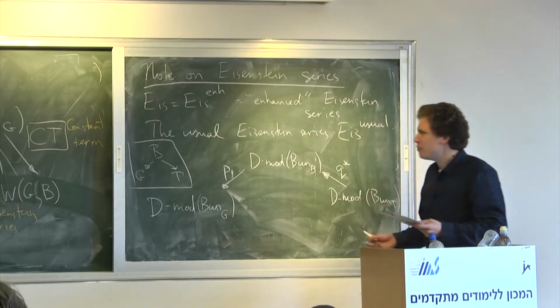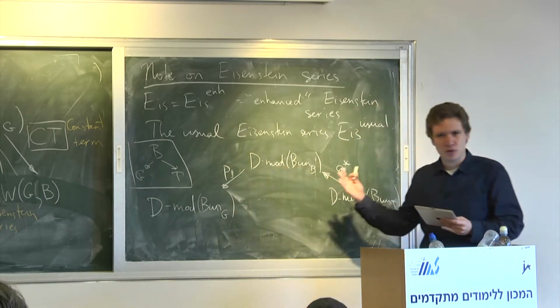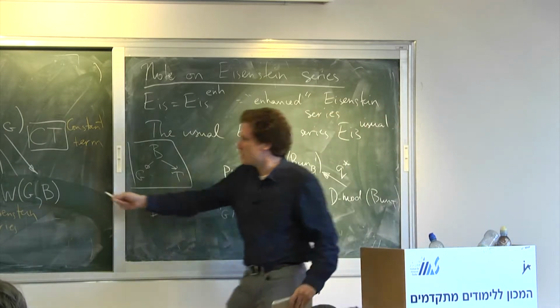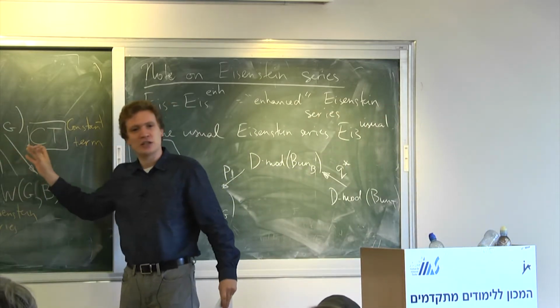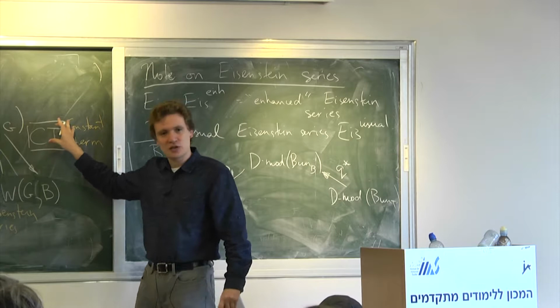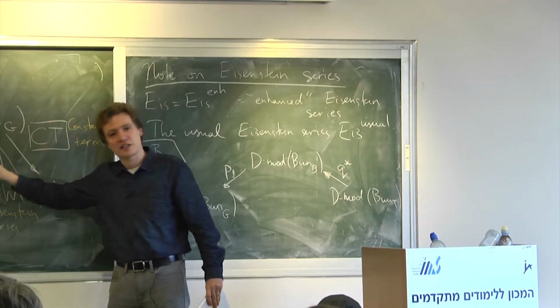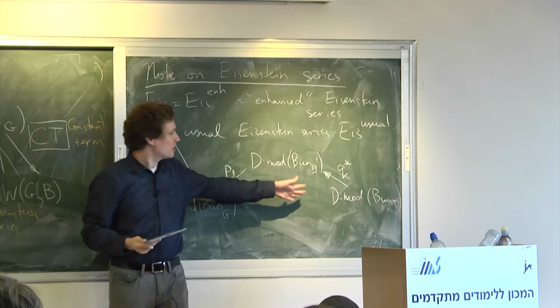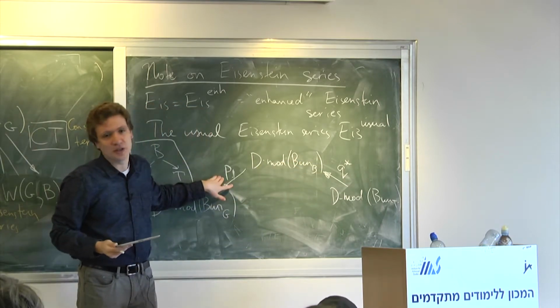It's not supposed to matter much. This whole thing is normalized so that the constant term is the usual one, and the Eisenstein series at first sight seems strange. This is why I put Q upper star and P lower shriek here.